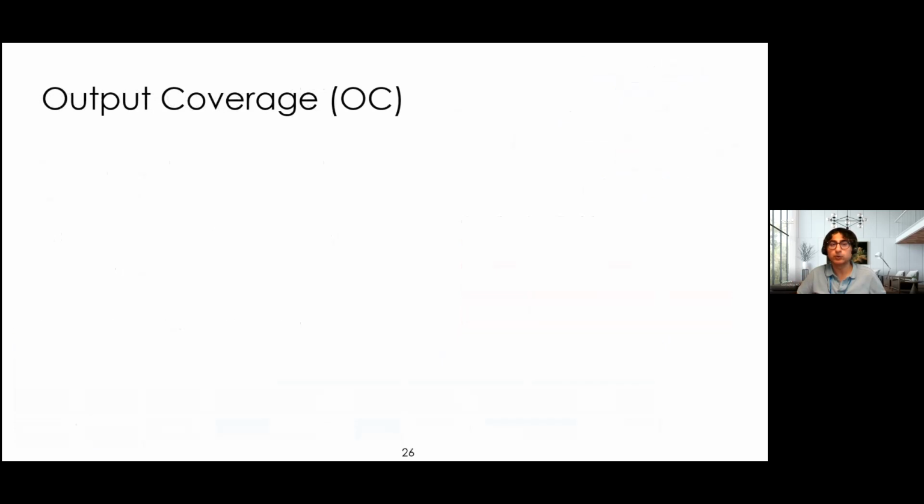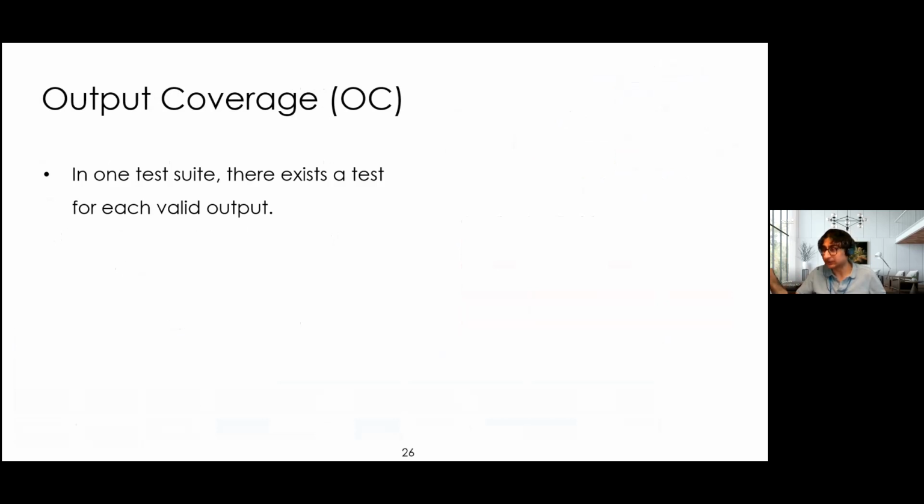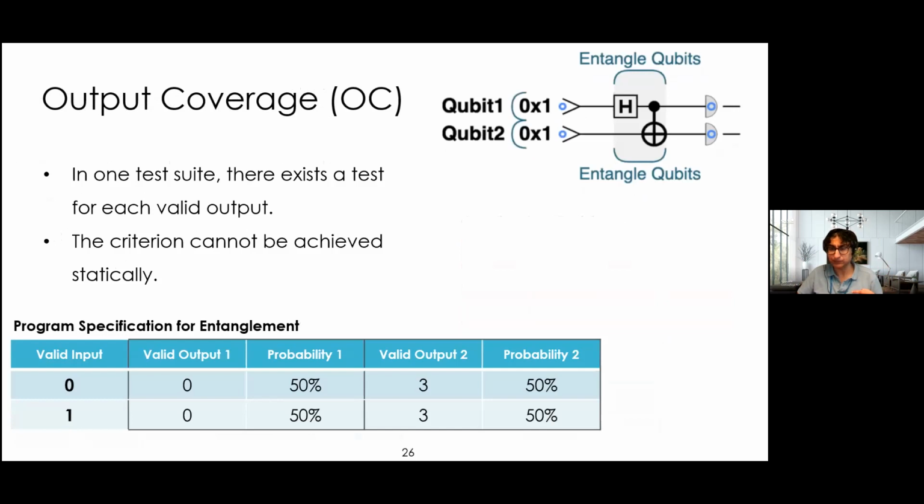Now, if I move to output coverage, it means that with my test suite, I want to observe each valid output at least once. And for this criterion, since we're talking about the output, I have to execute my program to observe the output. But in case of input coverage, I statically know what my test suite is, just 0 and 1. In this case, I have to execute the program a certain number of times to observe the valid outputs.